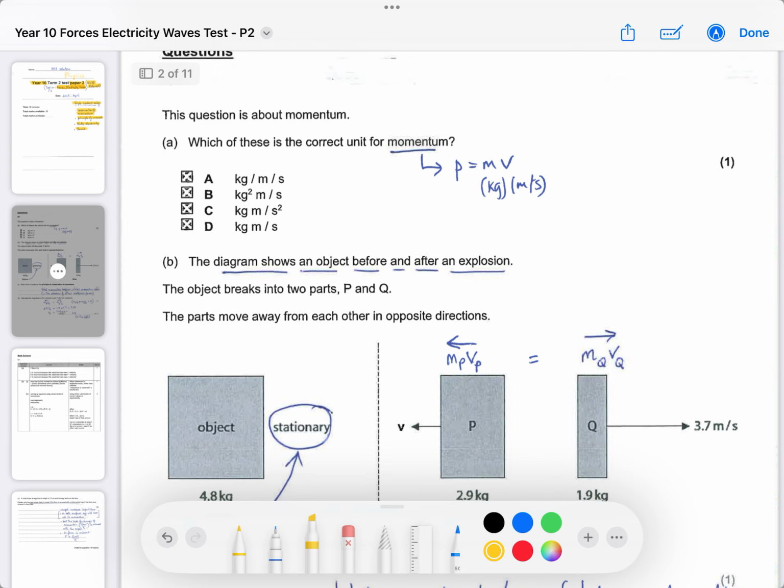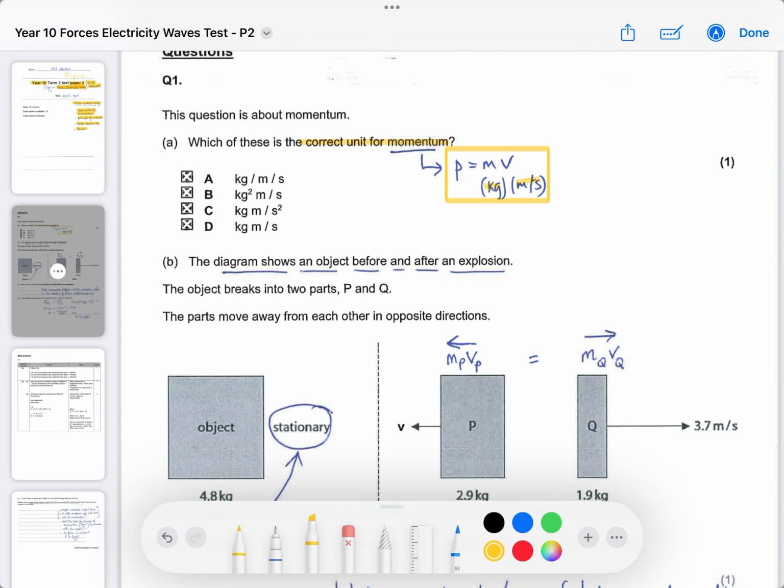The first question wants you to look at the units of momentum. So the question is about momentum. Which is the correct unit for momentum? Okay, so to be able to work it out, you need to know that momentum is mass times velocity. And if you know that the equation is mass times velocity, you know that you've got kilograms for mass and velocity is meters per second.